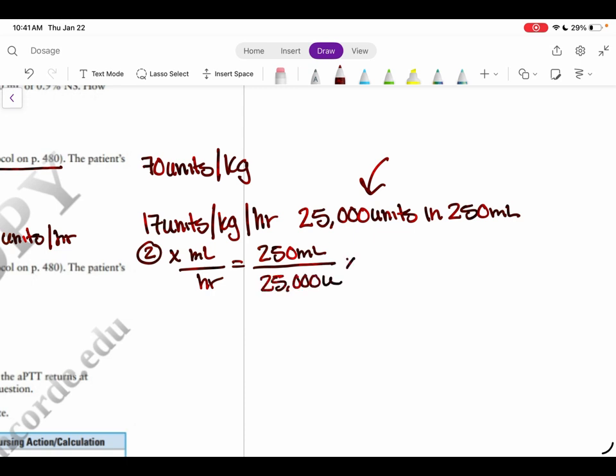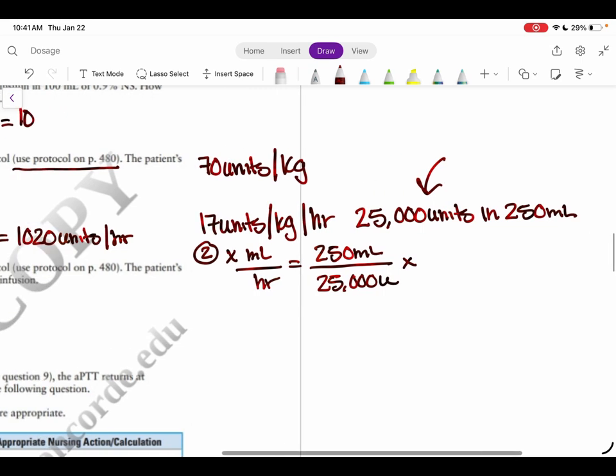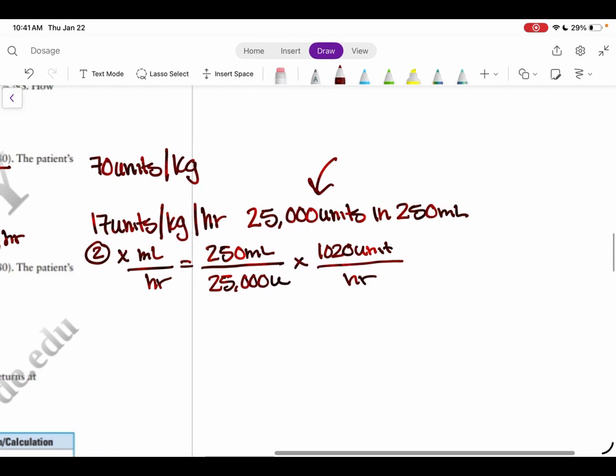And I just figured out that I need to give 1,020 units every hour for this patient.